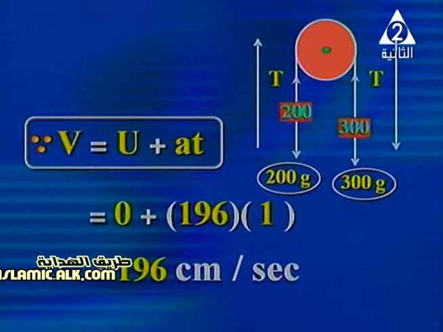Remember, the velocity is 196 centimeter per second, and the acceleration is 196 centimeter per second squared. The same value, but not the same unit.